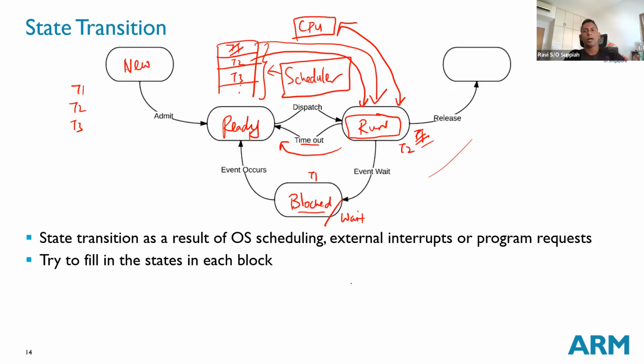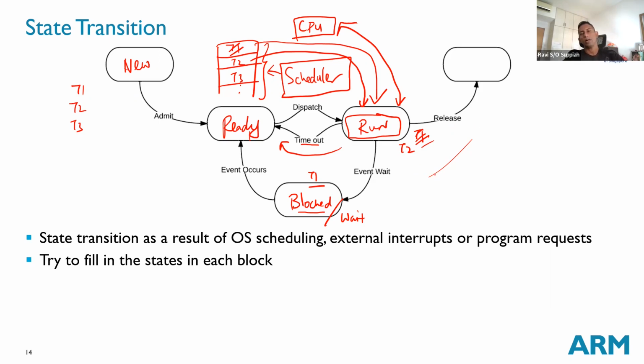Now, when task 2 is running, task 1 is in the block state, and you still have task 3 in the ready state. What happens if, while task 2 is running, suddenly the UART becomes available? Task 1 was blocked because it was not able to send data since the UART was busy.